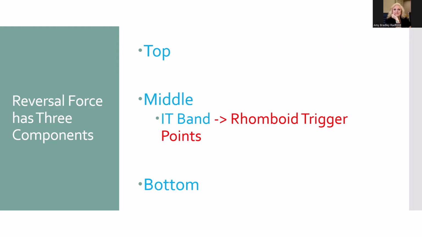In this instance, there's 2 pieces of scar tissue, but the 2 create such opposing dynamic forces and they put so much pressure on the middle, kind of like a tug of war where you have one end pulling one direction and one end pulling the other, and the middle has so much force that the body lays down scar tissue to balance out those forces. And that middle is your IT band. And that's where you get those rhomboid trigger points. So I'm going to take you through this video that shows you how this forms so that you have not only a short solution, but also a longer explanation.